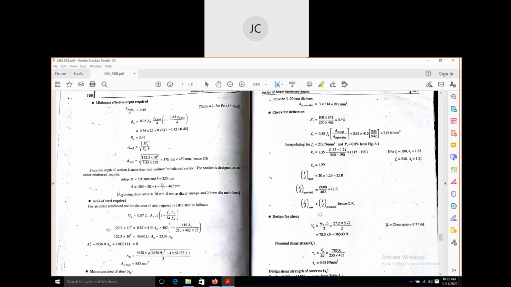Okay, wait, I will share the PDF with you, then it will be better. I will share the PDF with you in the group, then I think it will be better.